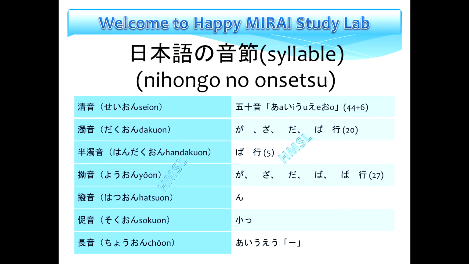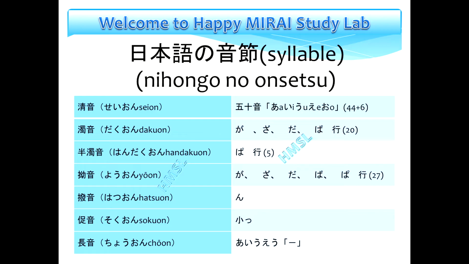All right, so how many types are there? As you can see from the screen, roughly there are considered to be about 7 types of syllable. The very first one, which I think a lot of people have heard about, is the 50 hiragana chart, the 50 alphabets, 50音, which is under the sei-on.